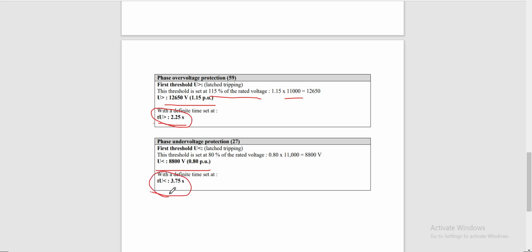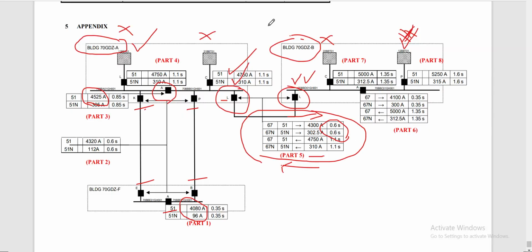So the same time setting as on our bus coupler from this area.